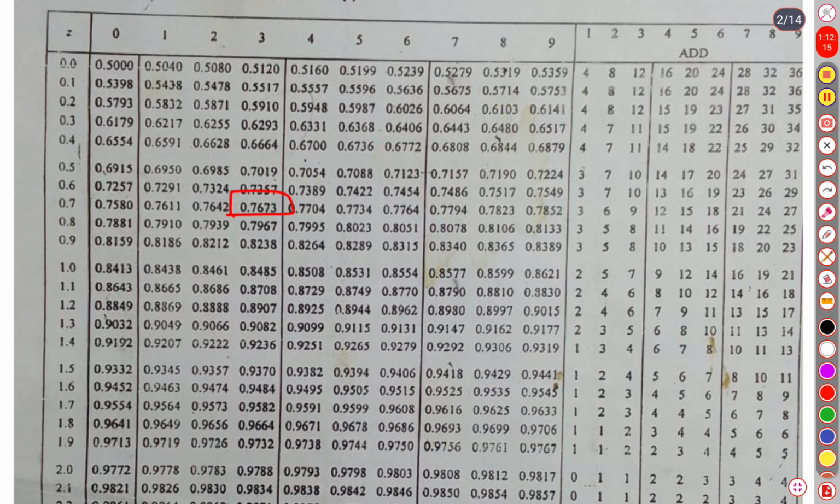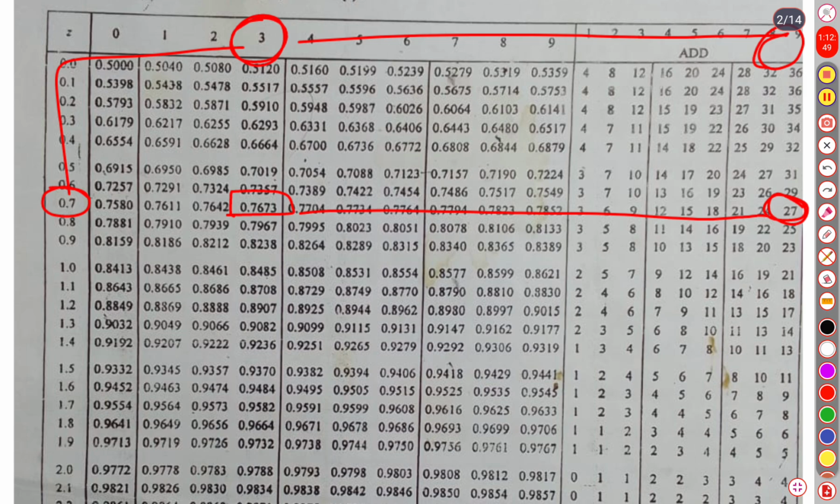We got the exact figure for 0.77: the row is 0.7, the first column is 3, and the final column is 9. So 0.739 is our corresponding z score when the probability is 0.77.